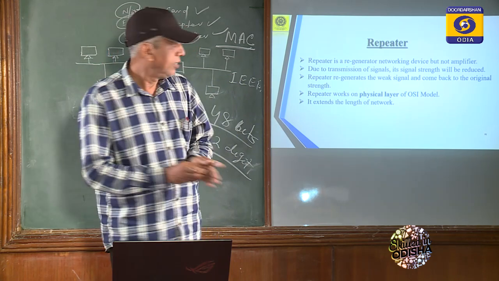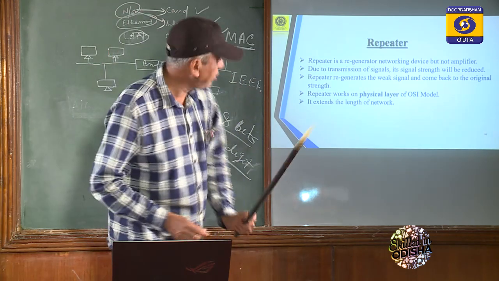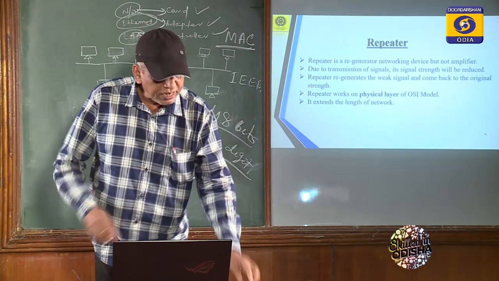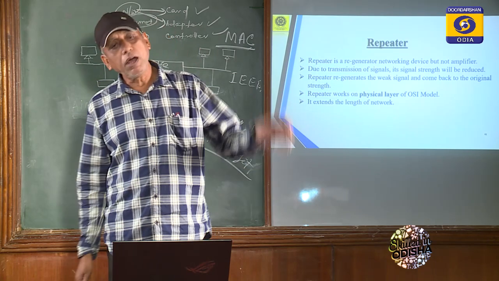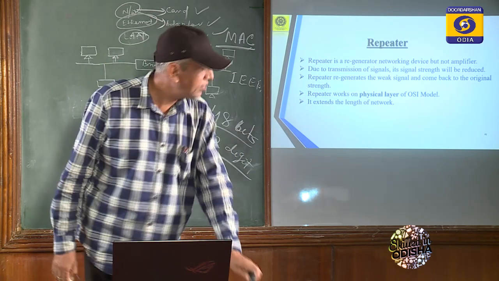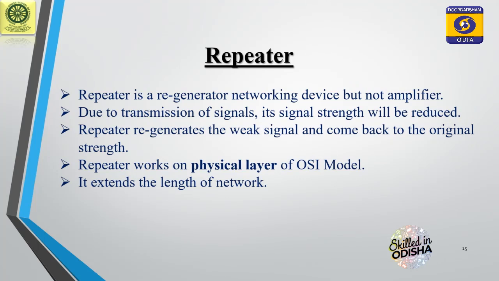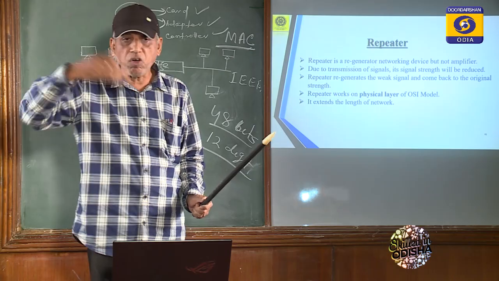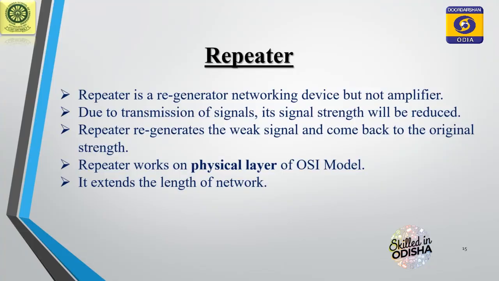So to regenerate the signal, to bring it back to its original form, a repeater is required. It will not amplify, it only regenerates, coming back to the original form. Due to transmission, strength is reduced. The repeater regenerates the weak signal and brings it back to the original strength.